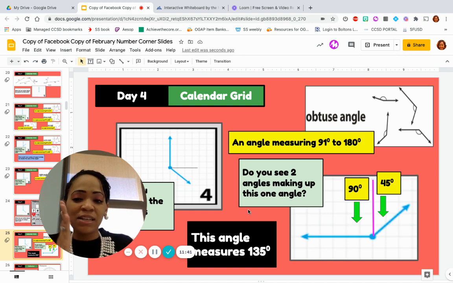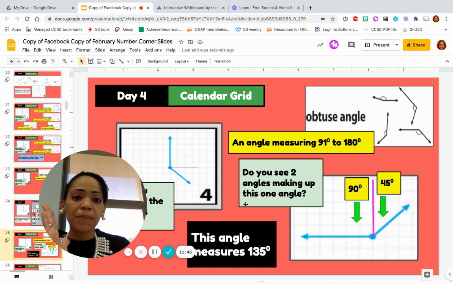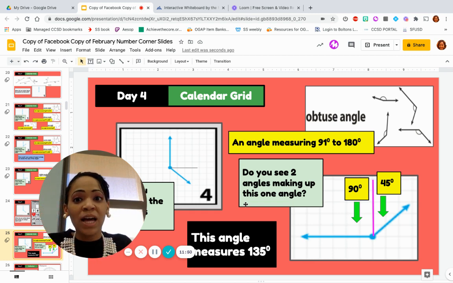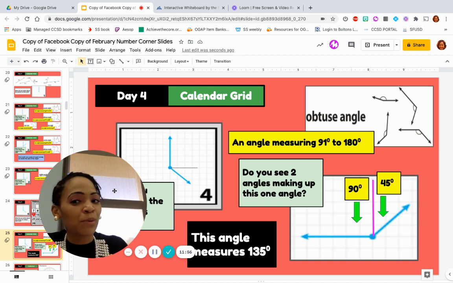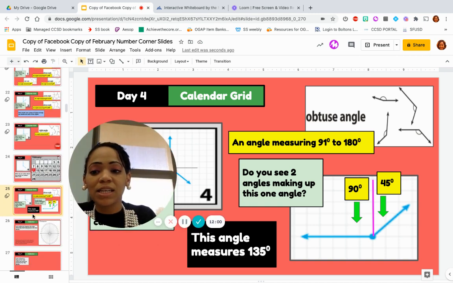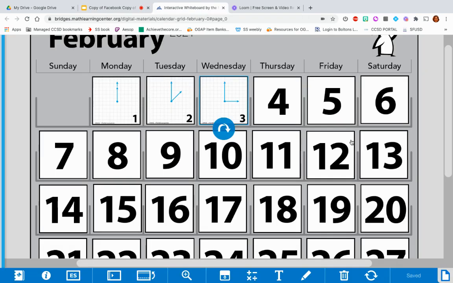So we went from 0 to 45 to 90 to 135. So it seems like we're adding what each time? Yeah, maybe we're adding 45 degrees each time. Let's keep going and see what the next day would look like.